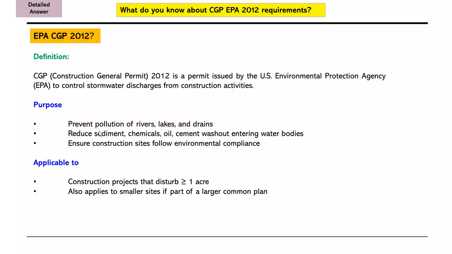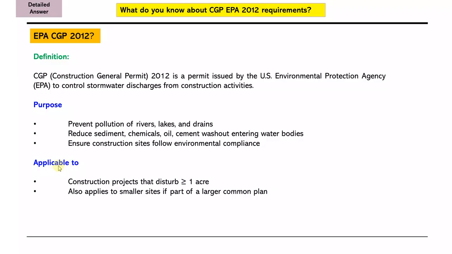The purpose is to prevent pollution of rivers, lakes, and drains. Next is to reduce sediments, chemicals, oil, and cement washouts entering water bodies, and ensure construction sites follow environmental compliance.